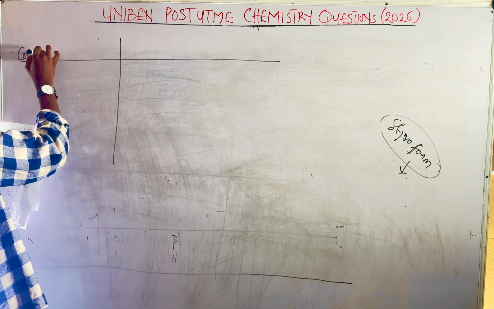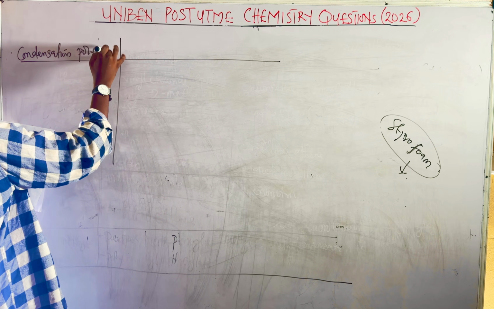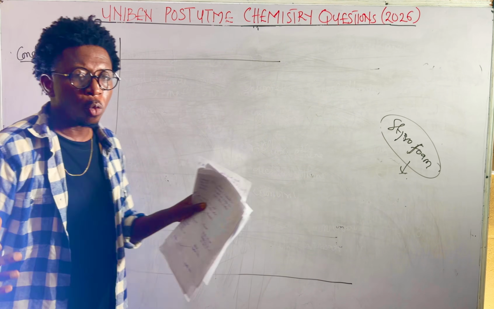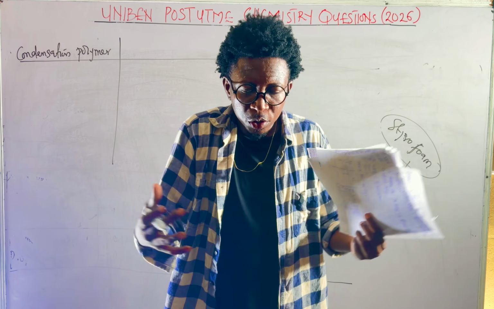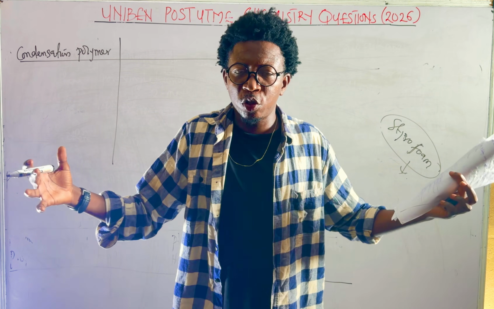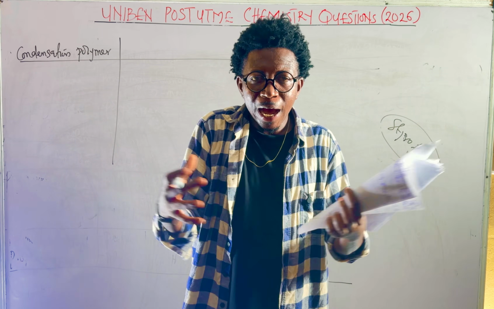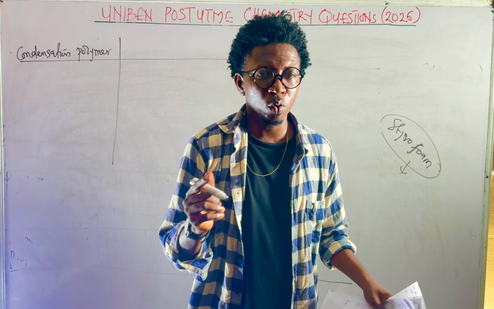Condensation polymer. Now, condensation polymers in most cases are usually copolymers. Copolymer means we have two different types of monomers joining together to form the polymer. In this case, the monomers join, and in the process eliminate small molecules such as water.